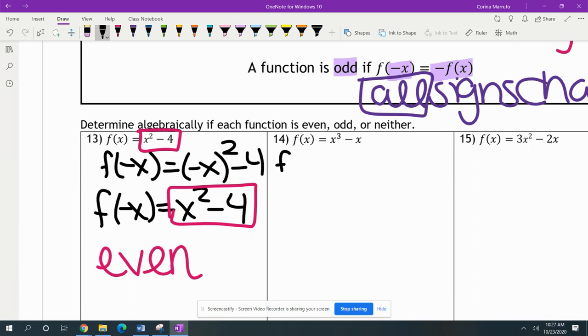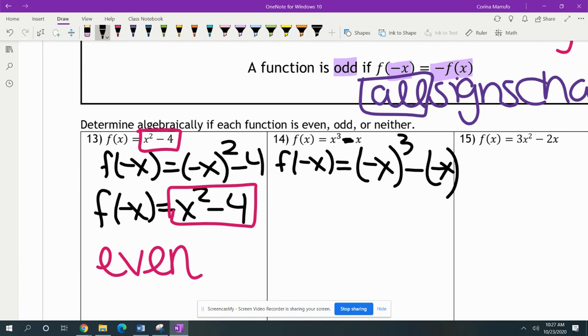Okay, so let's go ahead and try the next one. We're going to plug in a negative instead of the x. Everywhere we see an x, we are going to plug in a negative x. So this one we had double minuses because this is a negative here, and then we also put, instead of x, a negative x. Negative x to the third power, a negative times another negative is going to give us a negative x cubed.